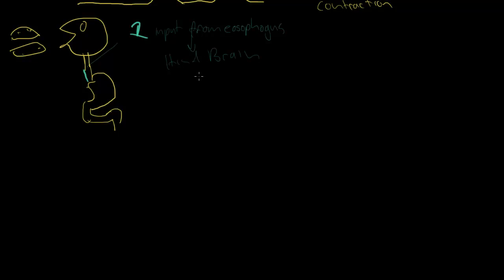This is all vagal. And then down the vagus will send signals to inhibitory motor neurons. I'll talk about excitatory motor neurons a little bit later, but right now we're talking about inhibitory motor neurons.